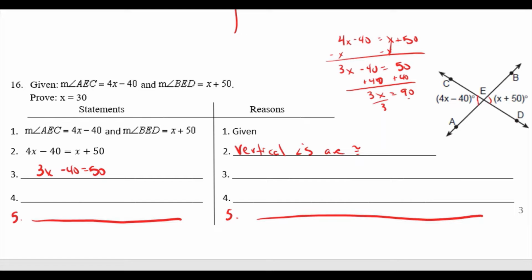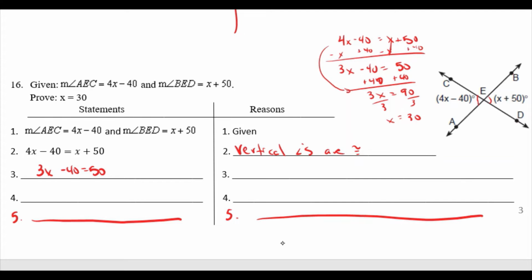We're going to divide both sides by 3 and get x is equal to 30. Now you could have done this in one step and then added the 40 to both sides here as well, and then just done this in one step and gone right from here to there to the 3x equals 90. So it just depends on how many steps it takes you to get to there. We'll take this extra step though.